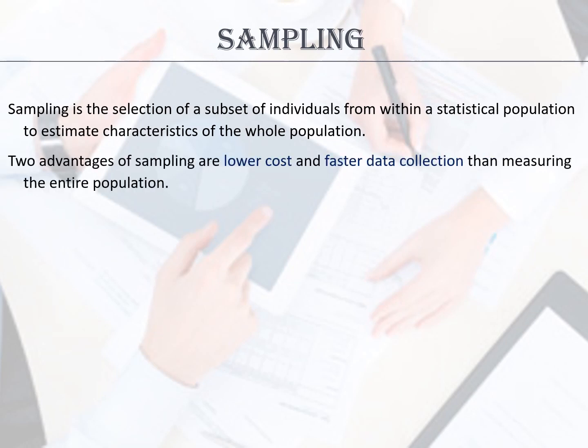Two advantages of sampling are lower cost and faster data collection than measuring the entire population. Basically, it saves time and money.